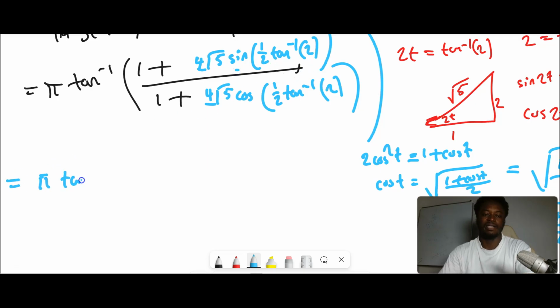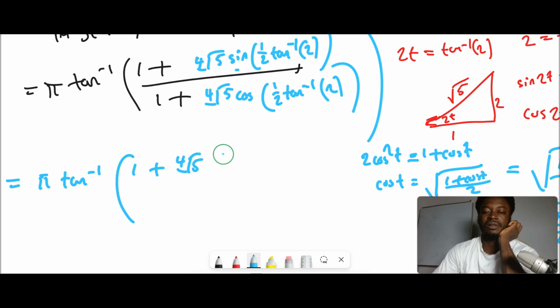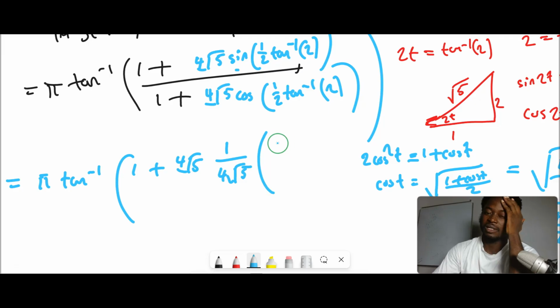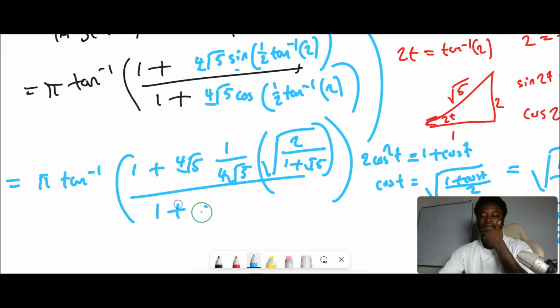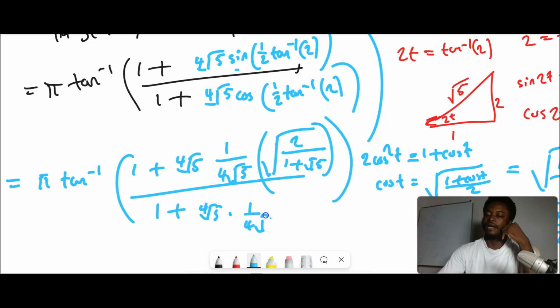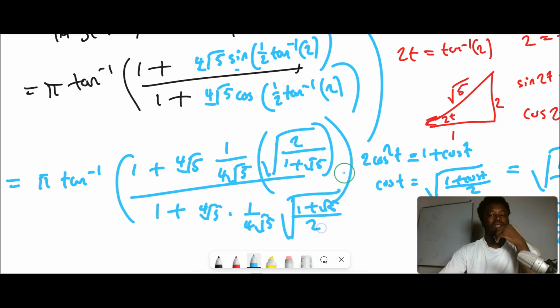We say this is pi times the tan inverse of 1 plus the 4th root of 5 multiplied by, the sine gave us 1 divided by the 4th root of 5 multiplied by the square root of 2 divided by 1 plus square root of 5. Then the cosine gave us 1 plus the 4th root of 5 times 1 divided by the 4th root of 5, so you have a square root of (1 plus square root of 5) all divided by 2. So this expression, let's call it t.